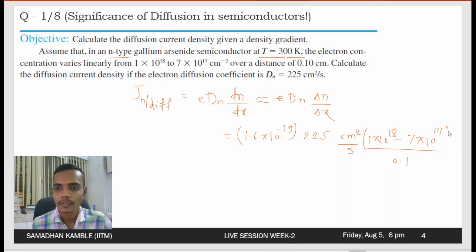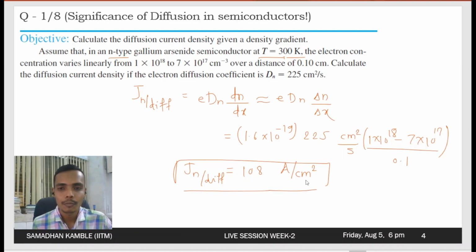This is just an elementary calculation. If you calculate this, you will get the diffusion current density J diffusion for our semiconductor at 300 Kelvin as 108 amperes per centimeter square.